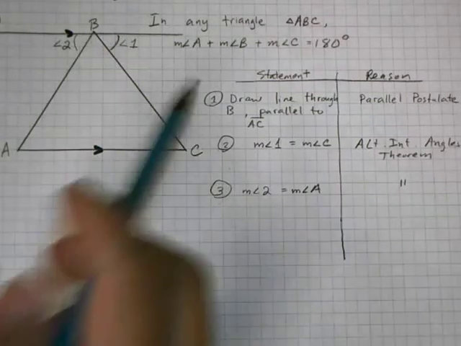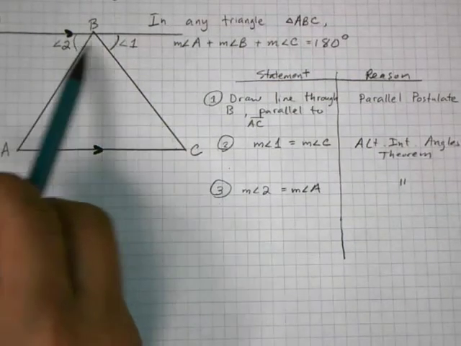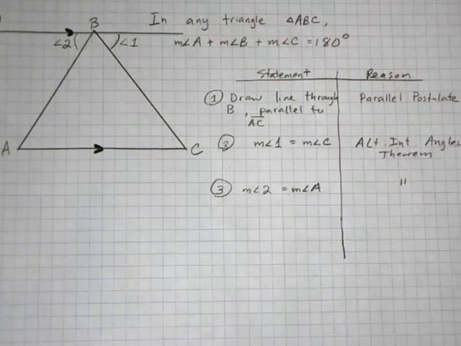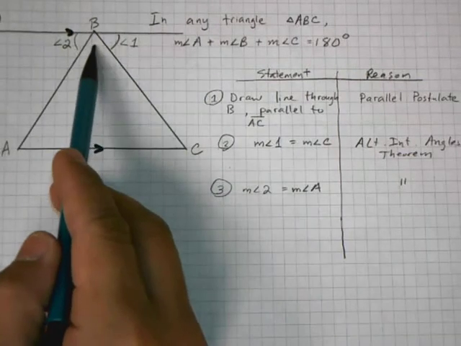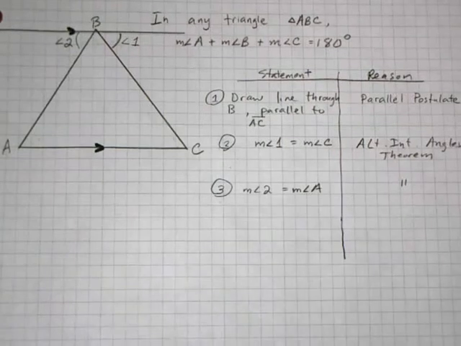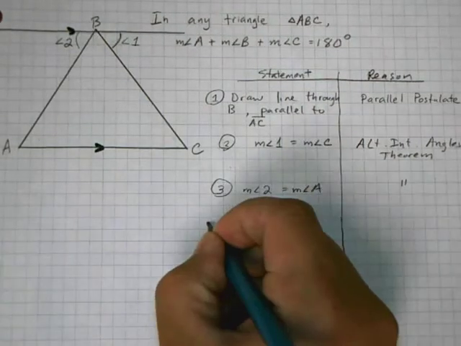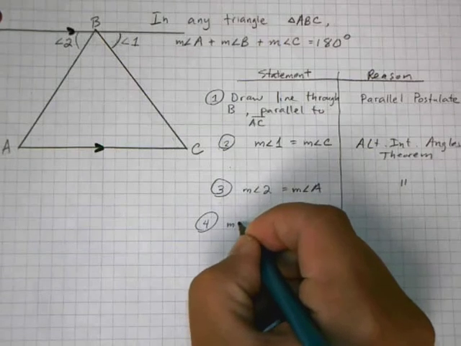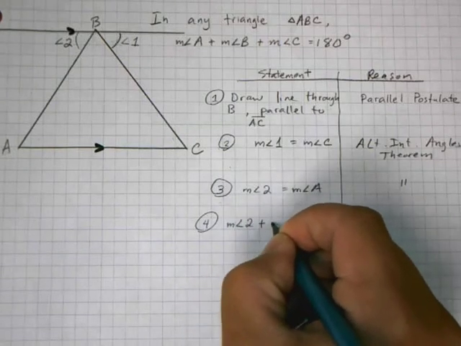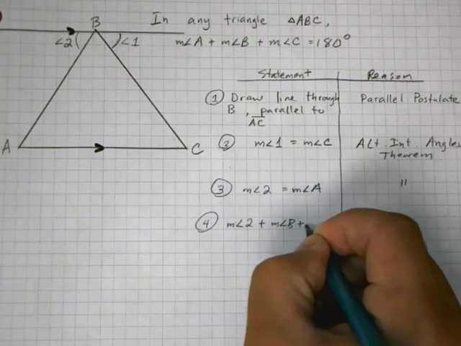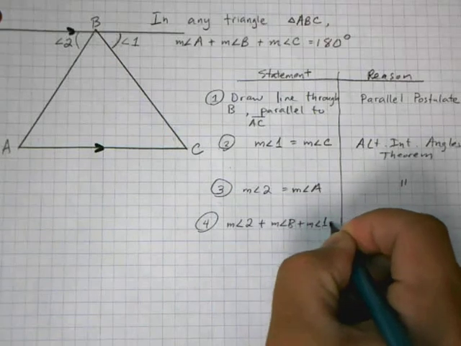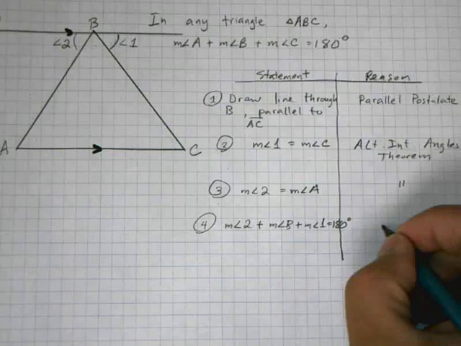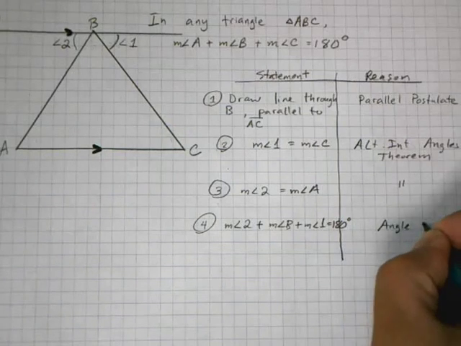The next statement is that 1, 2, and B form 180 degrees, because all three of these angles add up to 180 degrees. So the measure of angle 2 plus the measure of angle B plus the measure of angle 1 equals 180 degrees. And the reason here is angle addition.